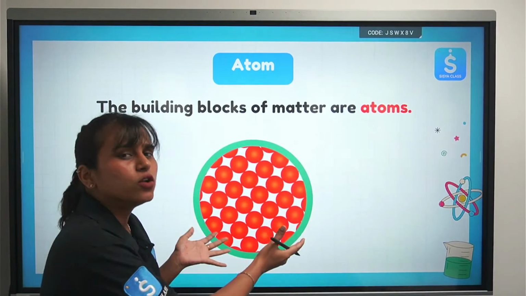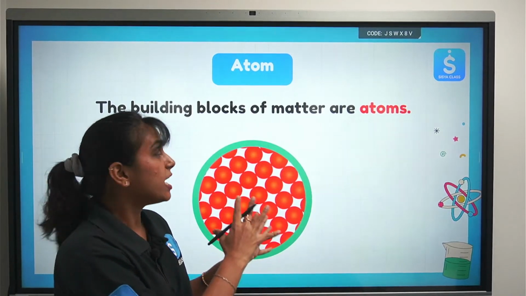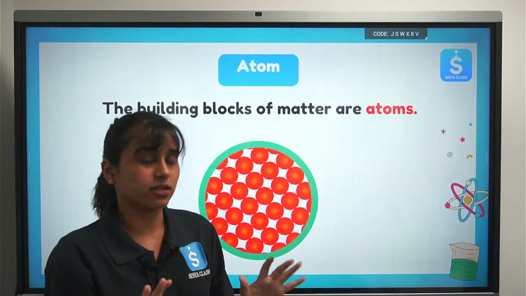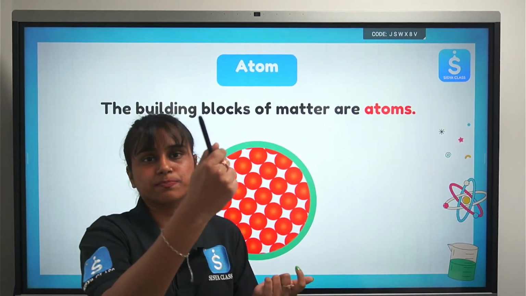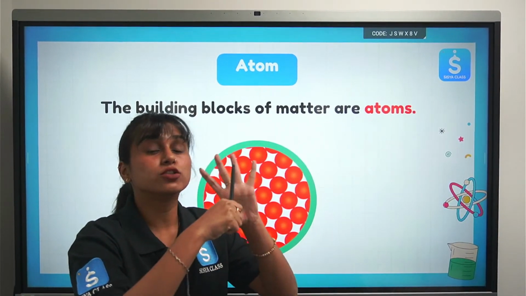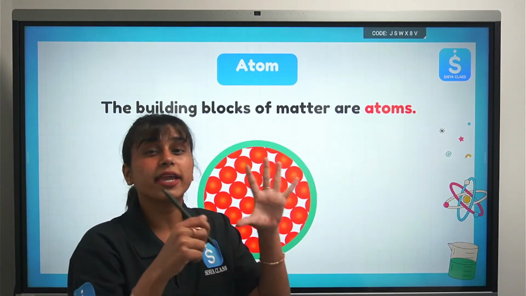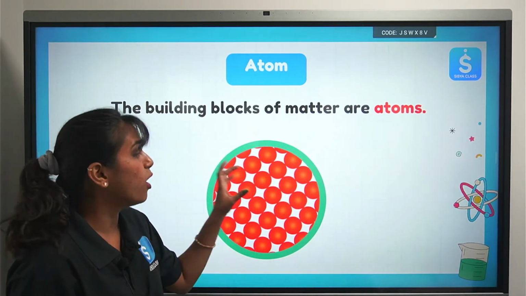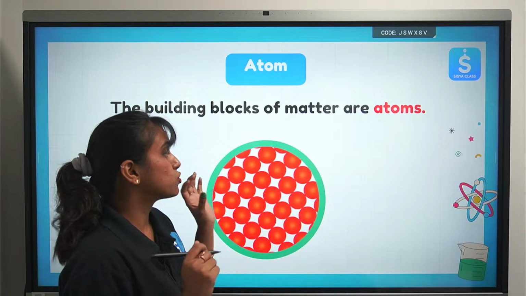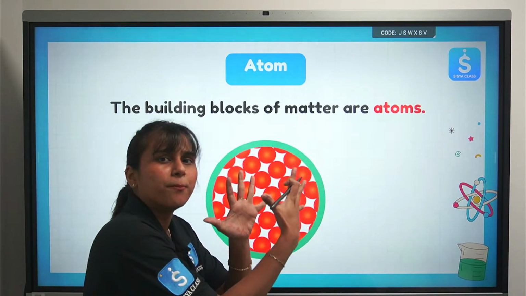Look at this image. Let's say we are zooming into any matter. Let's say this is a solid structure, for example this pen. I zoom into this pen to find out that it is made up of tiny atoms. All matter is made of these very compact atoms.